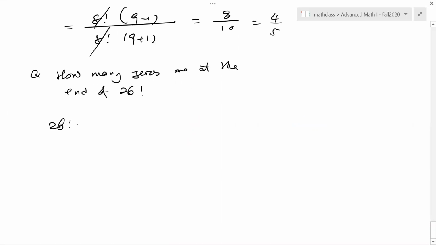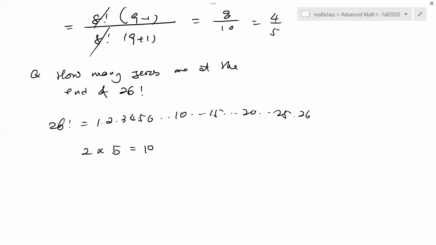So 26 factorial is 1 times 2 times 3, 5, and then 6, 10, 15, 20, 25, 26. In order to get 0 at the end, the key point is 2 times 5 is 10. Whenever 2 and 5 meet, you produce 10 and get an additional 0 at the end.